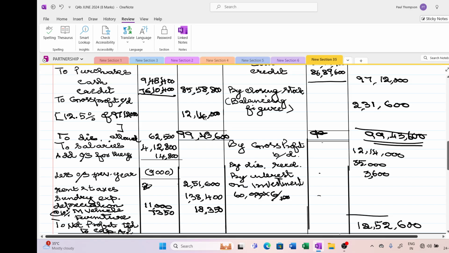This side we got this adjustment. They should appear in the outer column. 62,500. So the adjustment 4,12,800, 427,600. 427,600 minus 9,000 will be 418,600, and your rent and taxes 251,600 and 138,400.